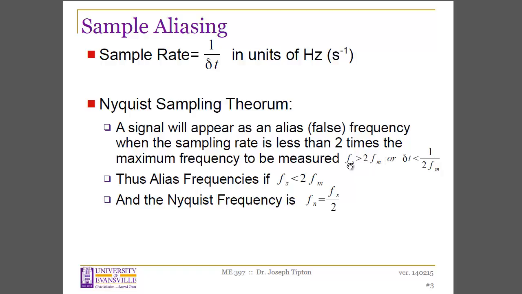And since the sample frequency is 1 over the wait time between samples, the wait time must be less than 1 over 2 times the measurement frequency. Thus, we can say that we're going to have false or alias frequencies if my sample rate is less than 2 times the measured frequency. And we call that limit the Nyquist frequency. So the Nyquist frequency f sub n is equal to the sample frequency divided by 2. Let me show you an example.